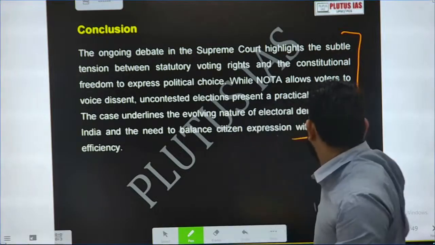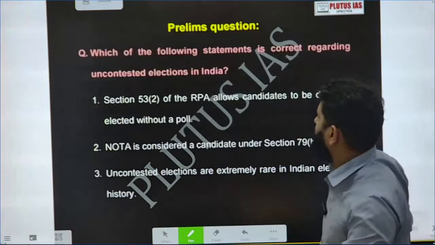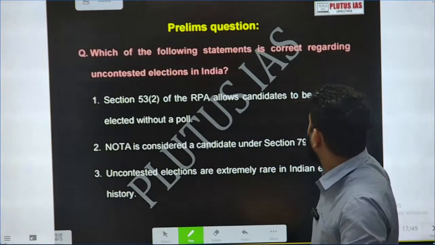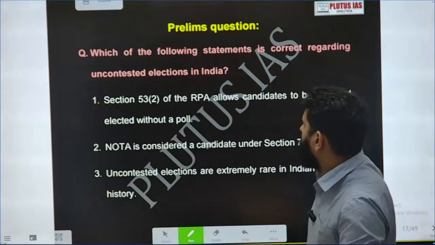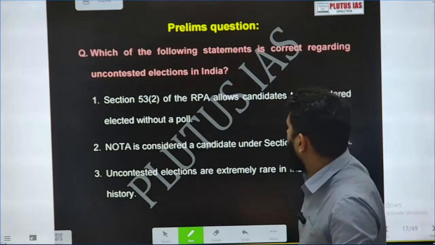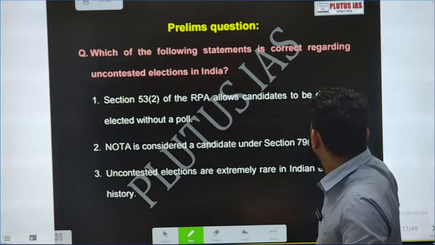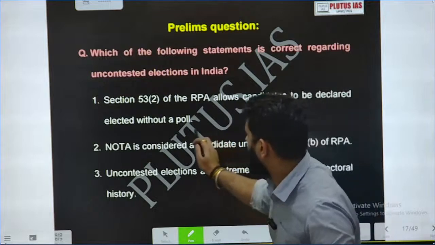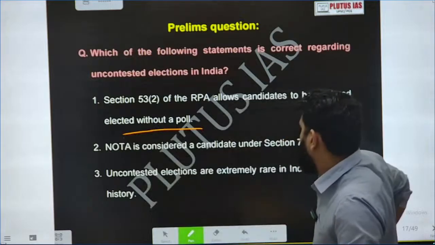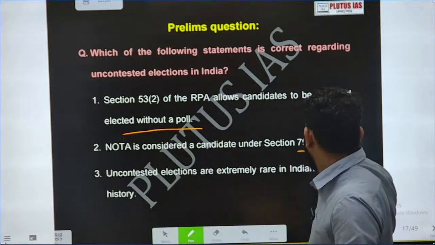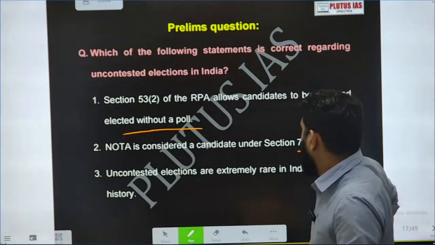Understood? So now let's solve the prelims question on this topic. Which of the following statements is correct regarding uncontested elections in India? One: Section 53 clause 2 of the Representation of the People Act allows a candidate to be declared elected without a poll. Two: NOTA is considered a candidate under Section 79(b) of the Representation Act.